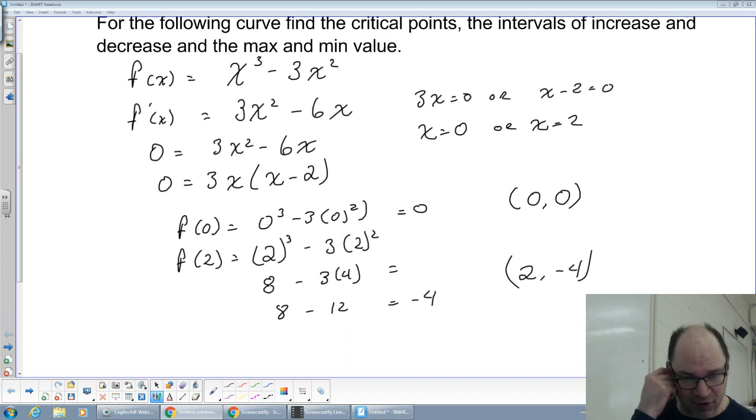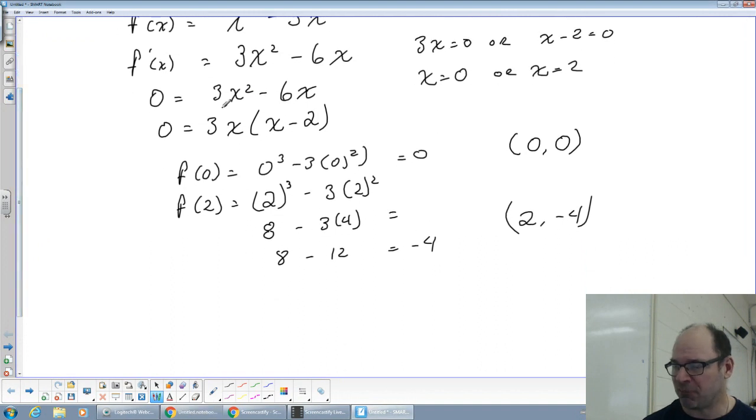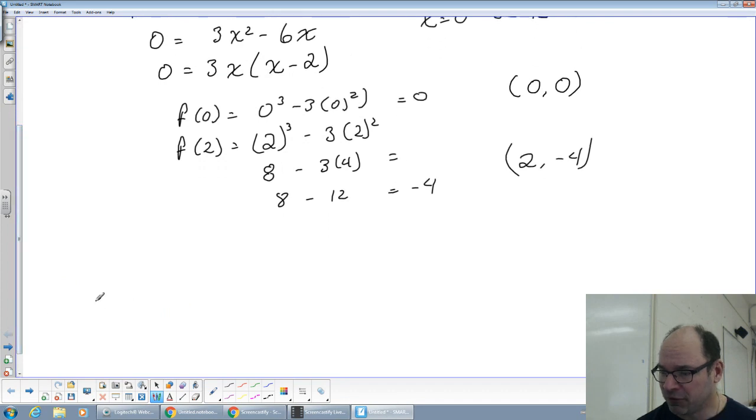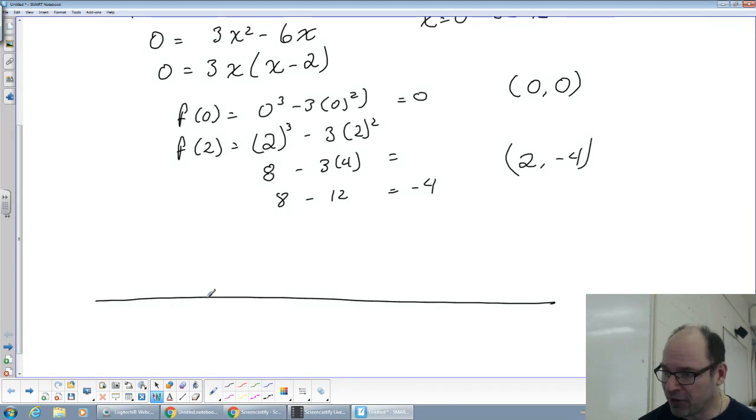Our second step is to do a sign analysis of the factors of the derivative for finding the slope changes. Remember, the derivative represents slope. We draw a little number line here, and we've got our 0 point and our 2 point. We've got our two factors, 3x and x minus 2. 3x is 0 right there.